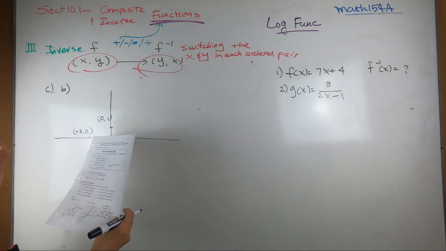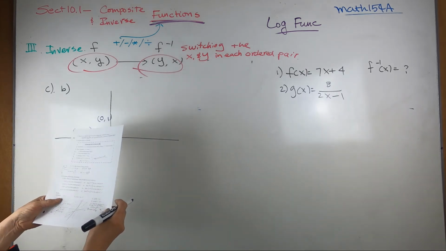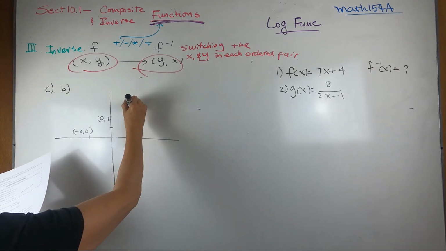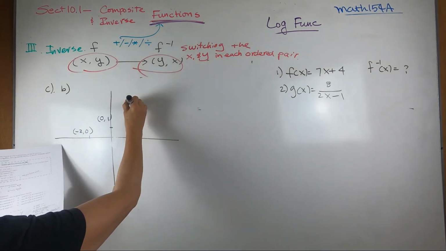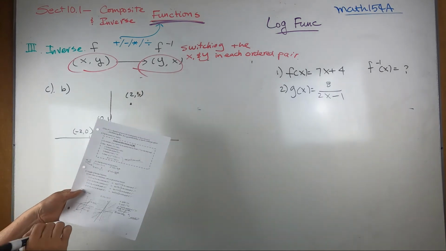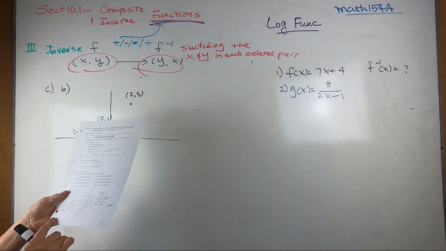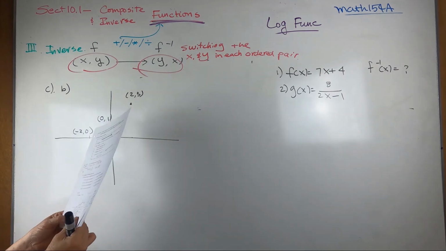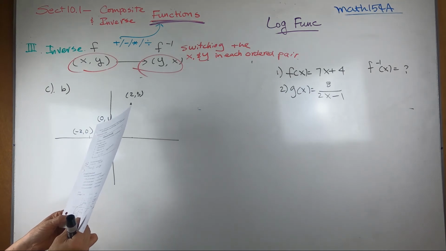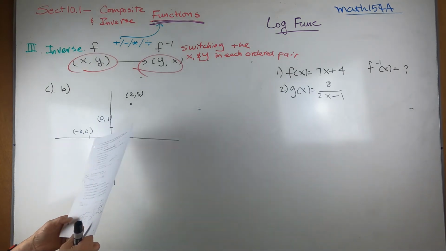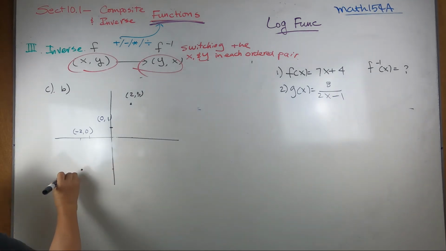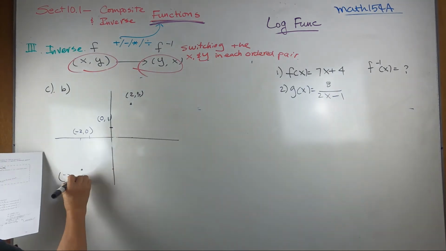Okay, another point is, this is so tiny, 2 and 3. It's right here. So if you have 2, 3, and another point is right there, is what? I cannot see it. Okay, so that would be negative 3 and negative 3.